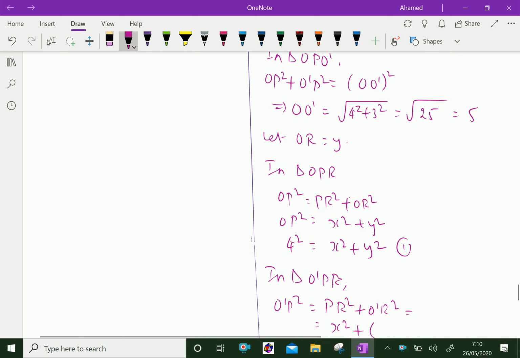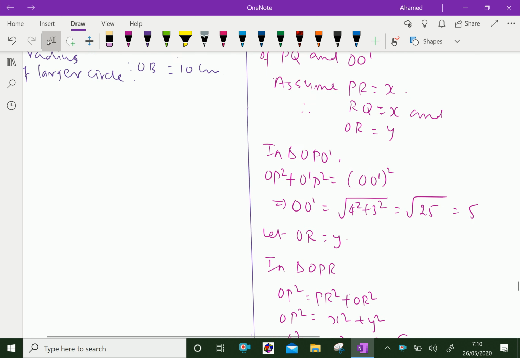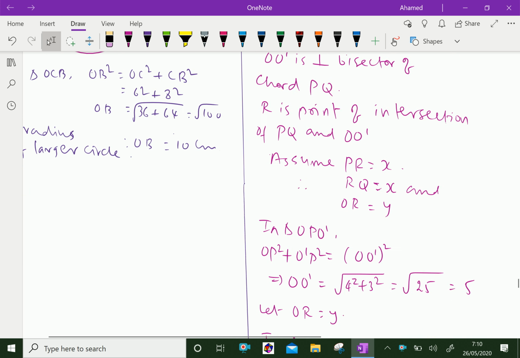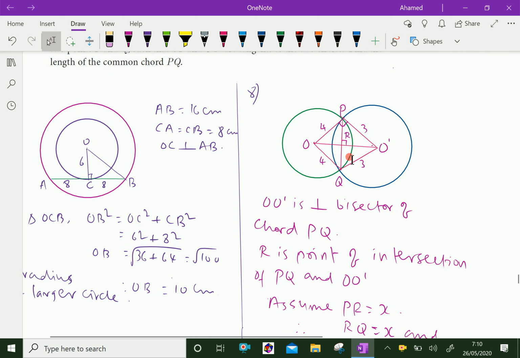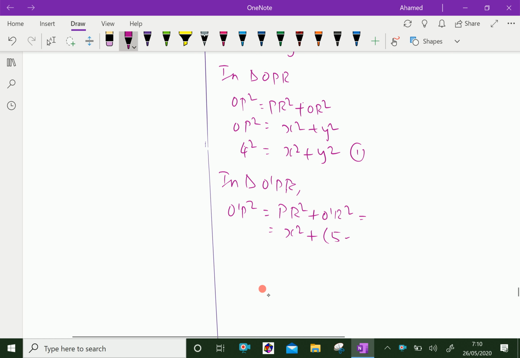O dash R equals 5 minus y, because OO dash is 5 and OR is y, therefore this is 5 minus y whole squared. Let this be equation 2.